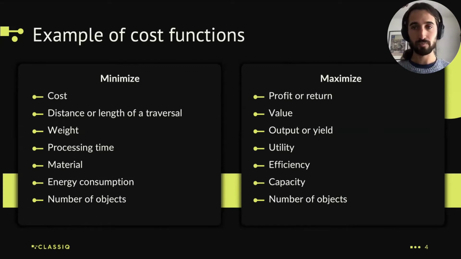Okay, so let's see what kind of cost function can we define. They divide into either a minimization cost function or maximization cost function. For the minimization part, we want to minimize our cost, maybe the distance or length of some path from point A to point B, the weight, the time, etc. On the maximize side, we want to maximize our profit.